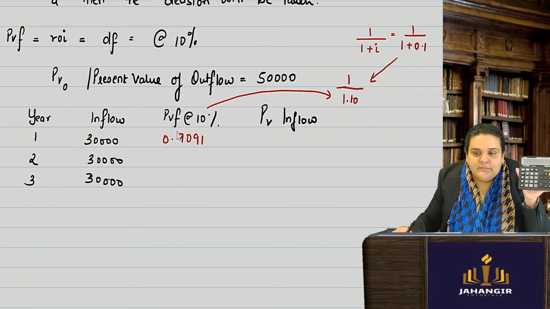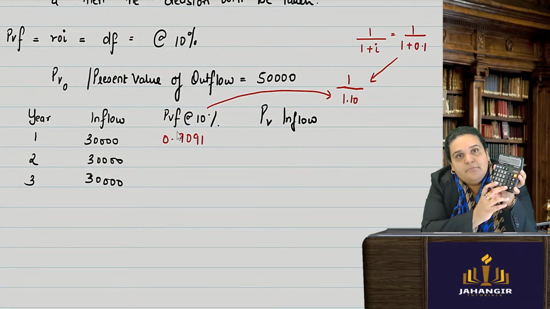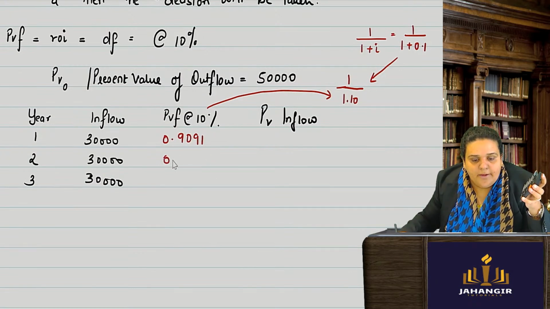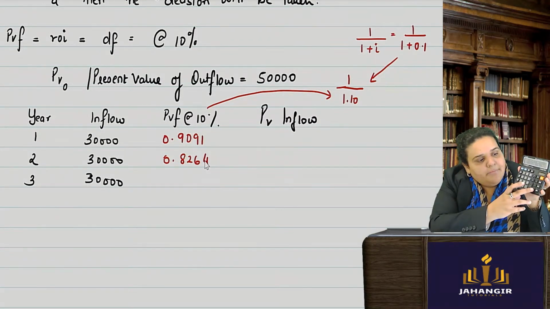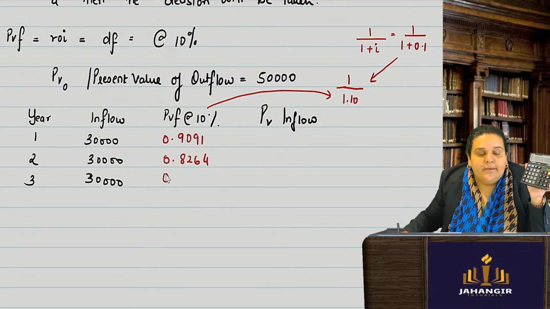Keep that as it is and press equal to again. You will get 0.8264, and again keep that as it is and press equal to, and you will get 0.7513.